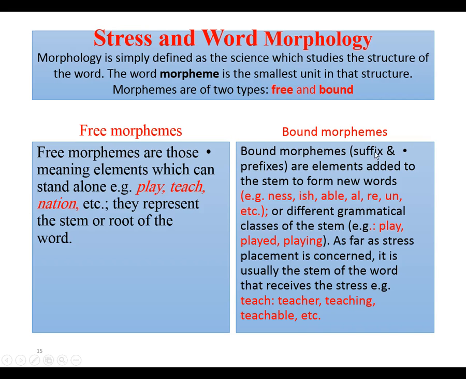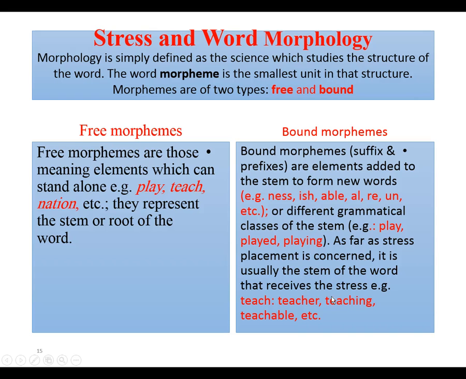If it comes after, it's called a suffix; before, a prefix. These are elements added to the stem to form new derivative words, such as -ness, -ish, -able, -al, re-, un-, and sometimes to make inflections, giving different grammatical forms of the stem. For example: play, played, and playing.